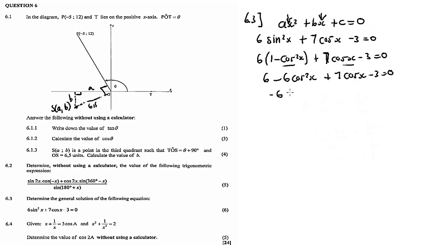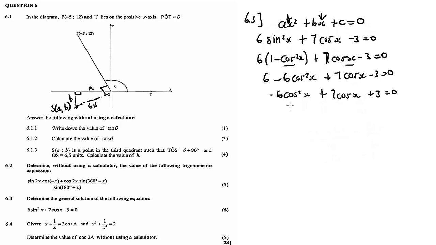Then I have minus 6 cos squared x, and then 6 minus 3, which is 3, plus 7 cos x, plus 3 equal to 0. There's no common factor, but I need to make the leading term positive.